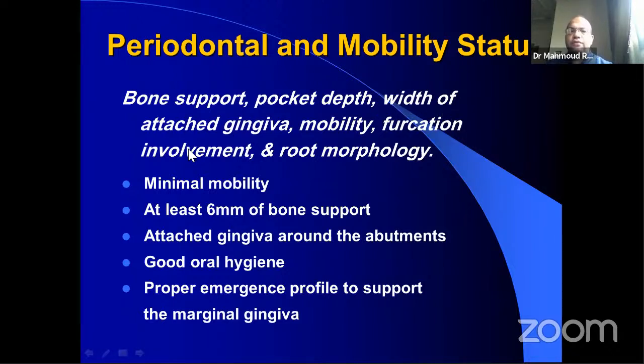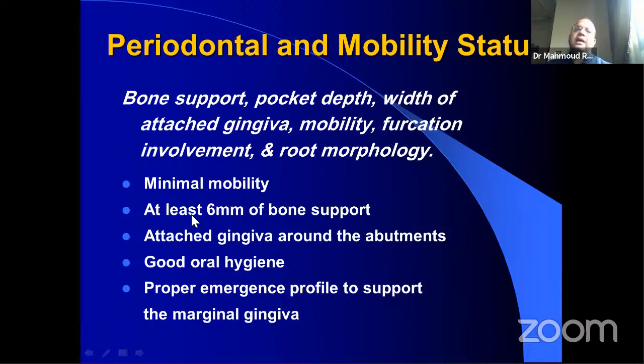The width of the attached gingiva must not decrease to less than 3 millimeters. Mobility, as we said before, furcation involvement and root morphology. All these factors that we mentioned are very important to be examined on the abutment tooth before making the overdenture.